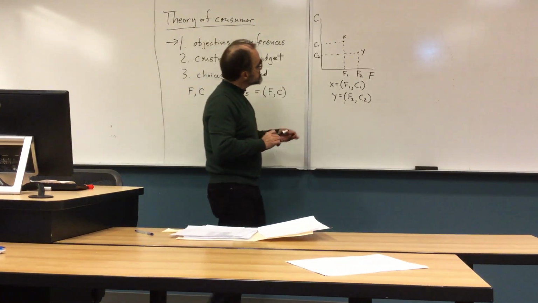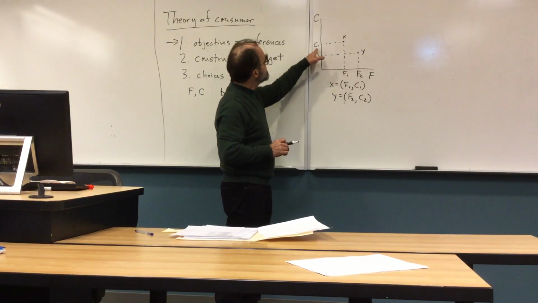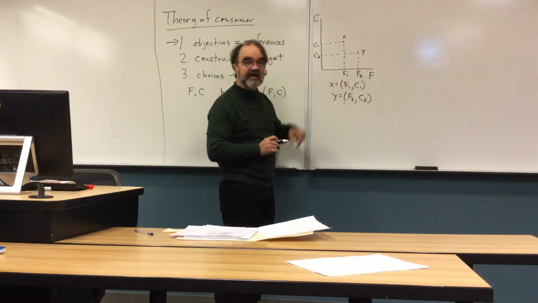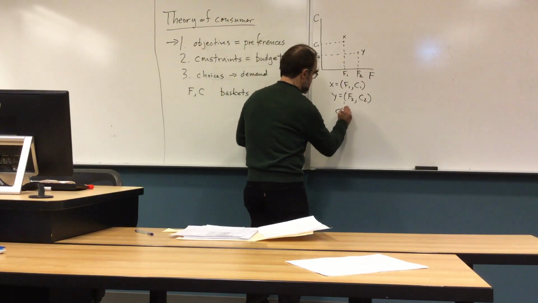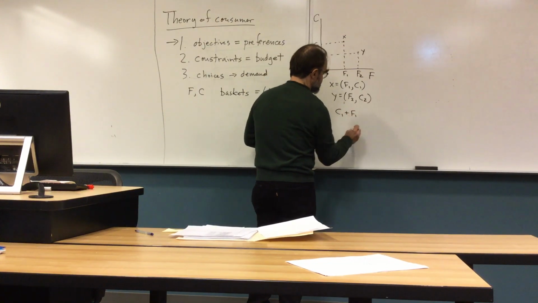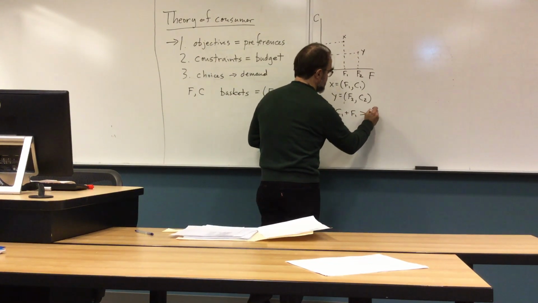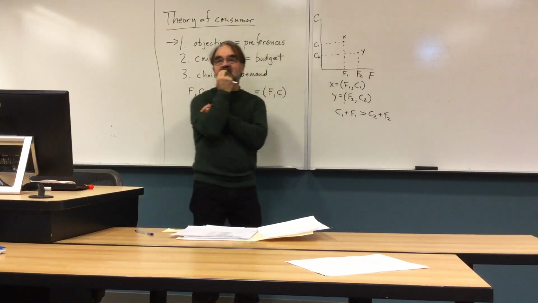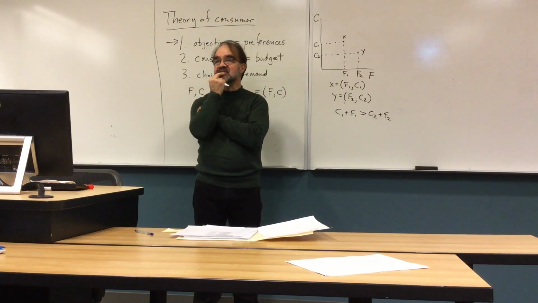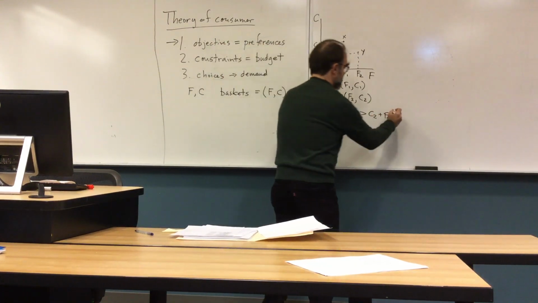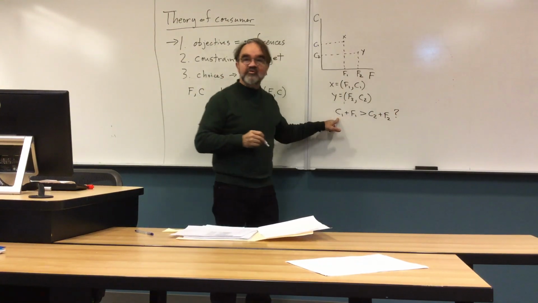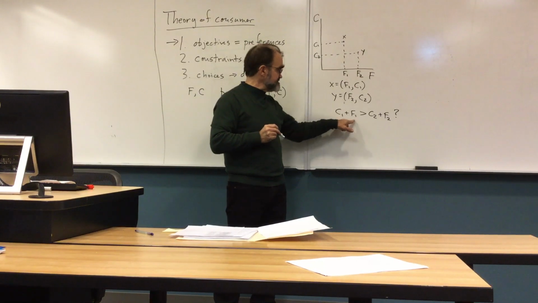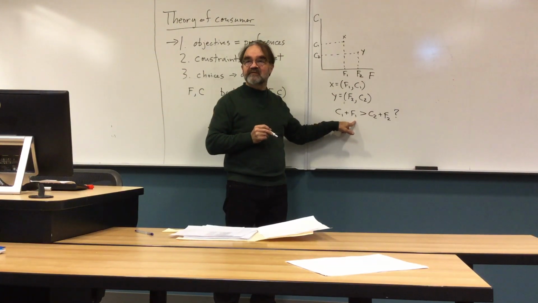So notice, sometimes people say, well, what we need to do is add C1 plus F1 and compare that. Is it greater than C2 plus F2? Does that make any sense? That's like saying 3 pairs of jeans plus 2 loaves of bread.